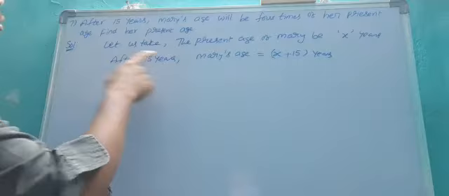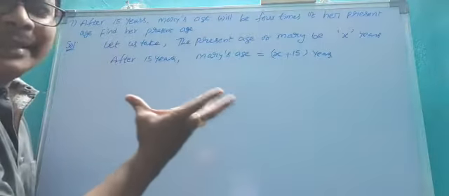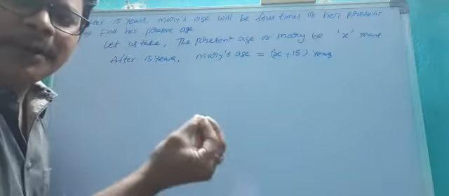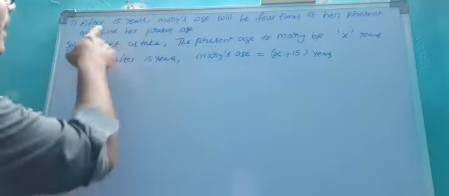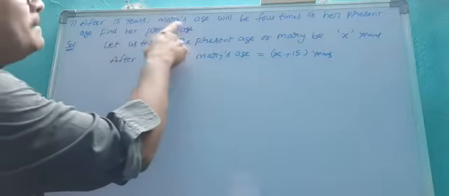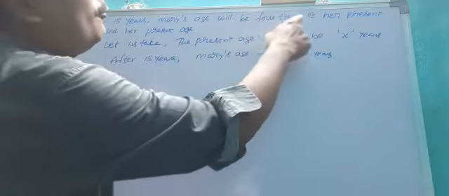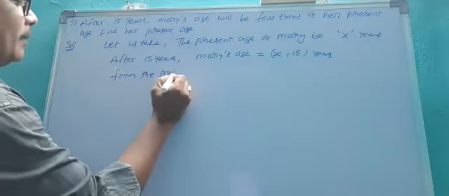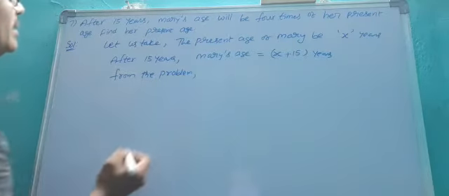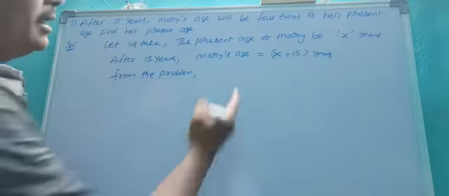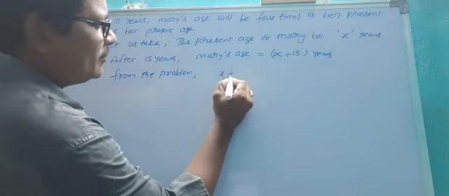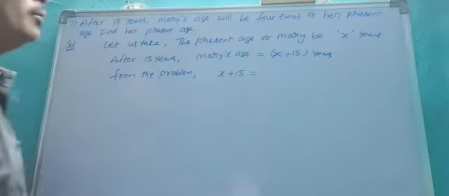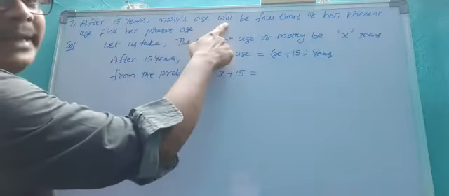Now, what is the clue? What is the important point from this question? After 15 years, Mary's age will be 4 times her present age. So from the problem, her age after 15 years, x plus 15, is equal to 4 times her present age.